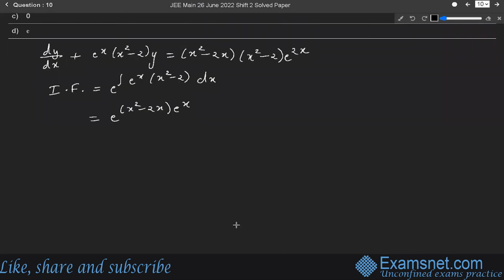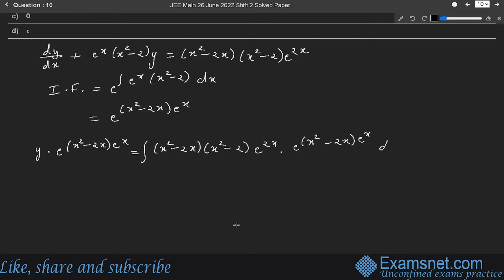Therefore, the solution of the differential equation will be y·e^((x² − 2x) e^x) is equal to ∫(x² − 2x)(x² − 2) e^(2x) · e^((x² − 2x) e^x) dx.